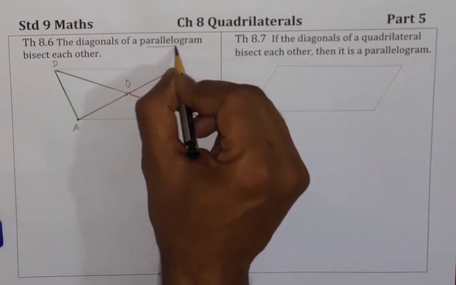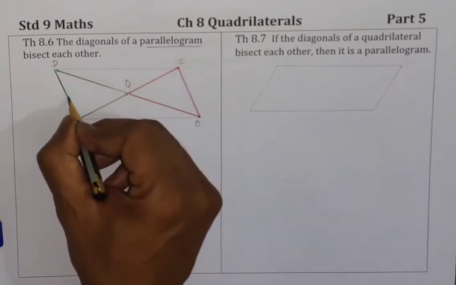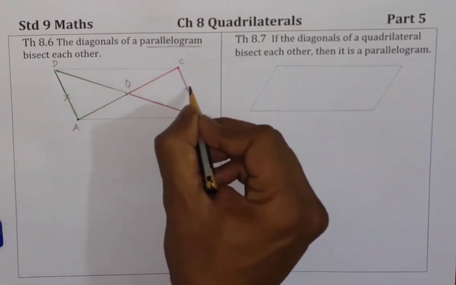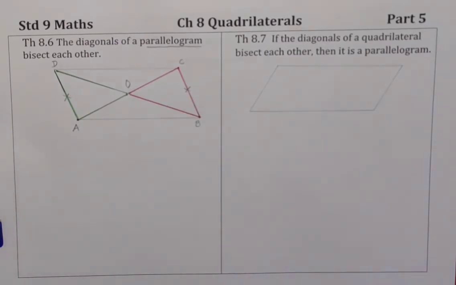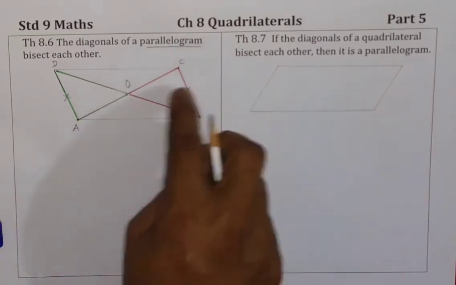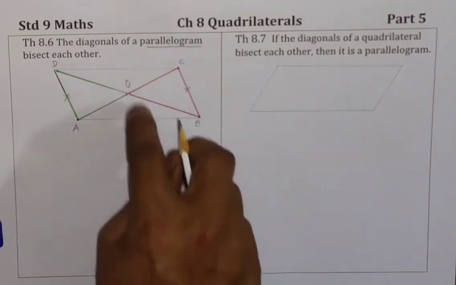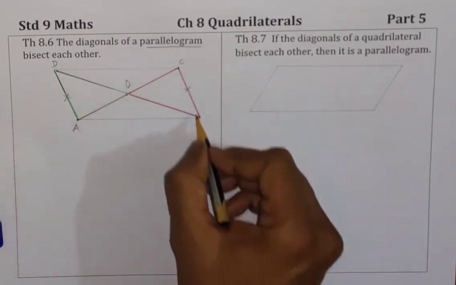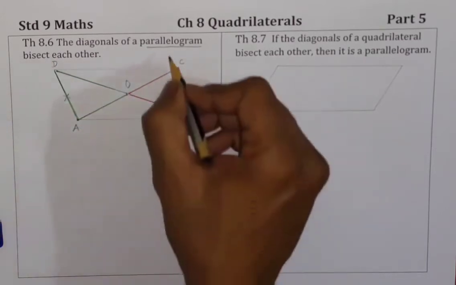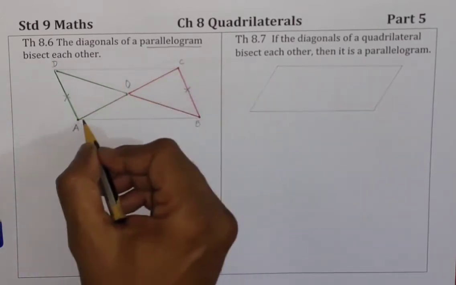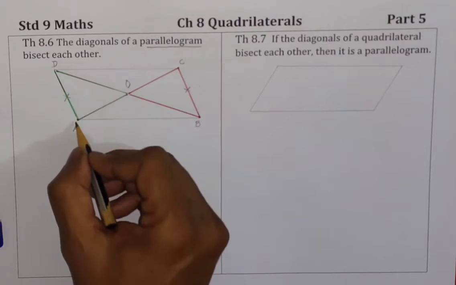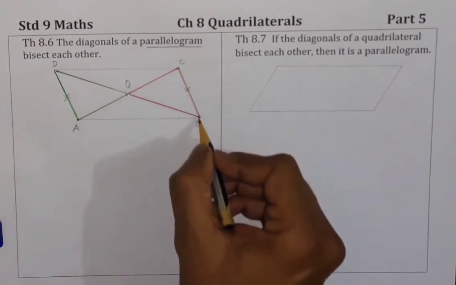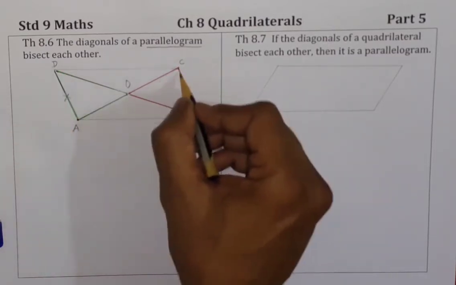This is already a parallelogram. So opposite sides AD equal to BC by property of parallelogram. Since a parallelogram is given, opposite sides are equal. I require this. Then BC is parallel to AD and AC is the transversal line.